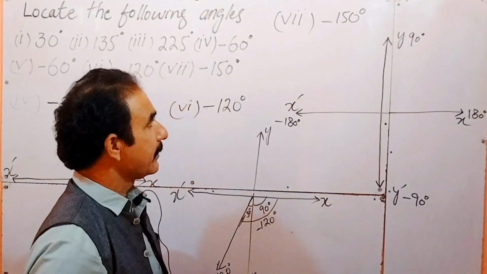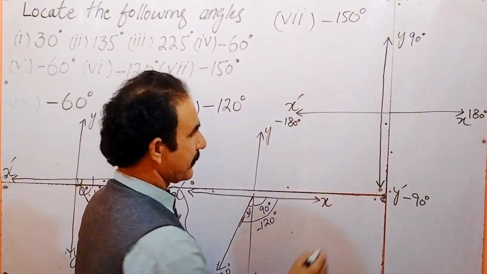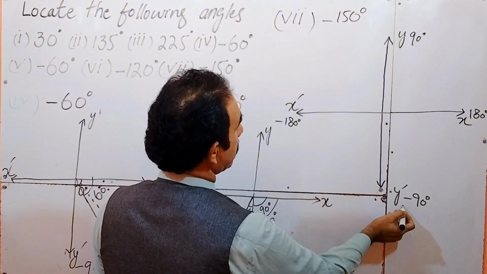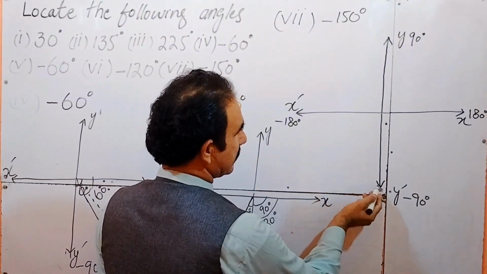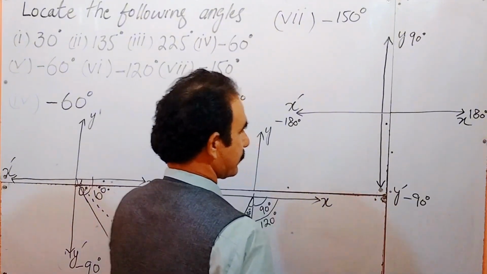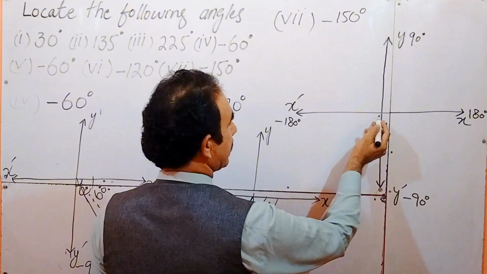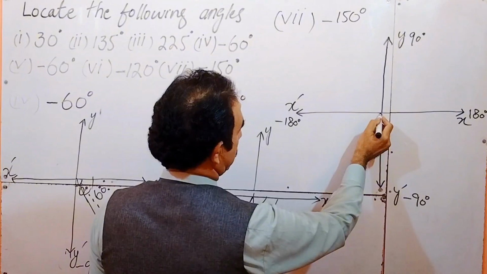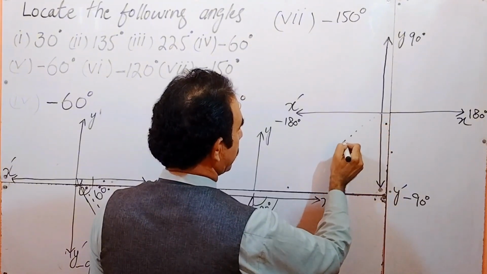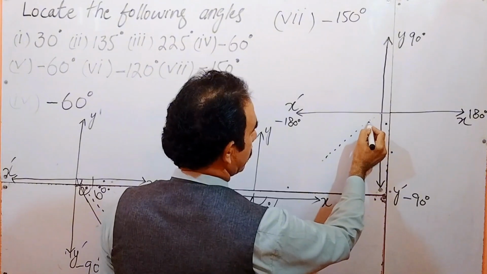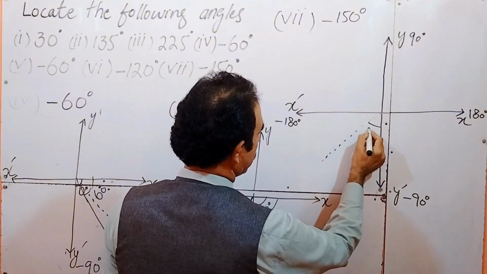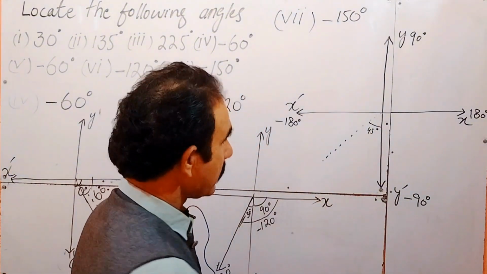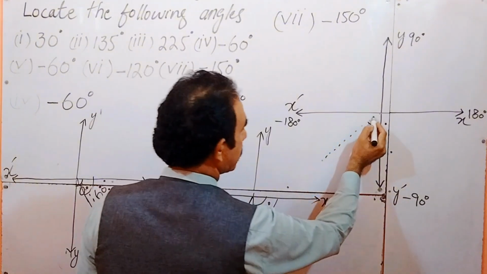Here we need 150. That is minus 90. If we add angle of 60 in minus axis, we need angle of 60.